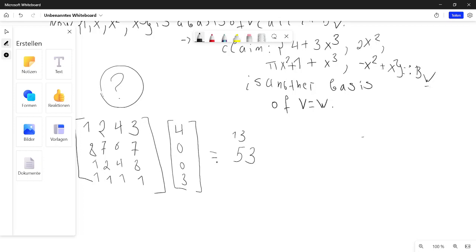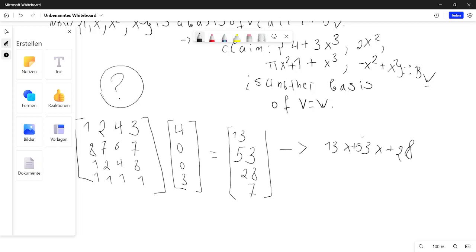For the next, 24, 28, then 4, 3, 7. All right, and that thing is the supposed image: 13 plus 53x. And now you also see why not all tasks in linear algebra are that neat.